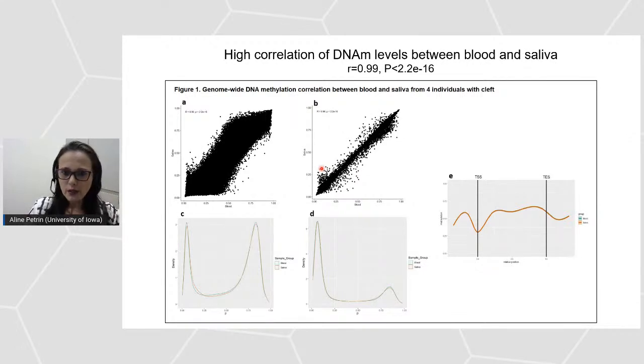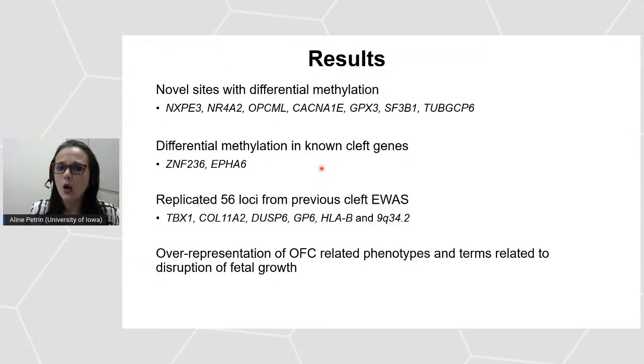We performed analysis separately, twins with DNA from blood and twins with DNA from saliva. From that, we were able to find novel sites with differential methylation in genes that have not been associated with clefting before.